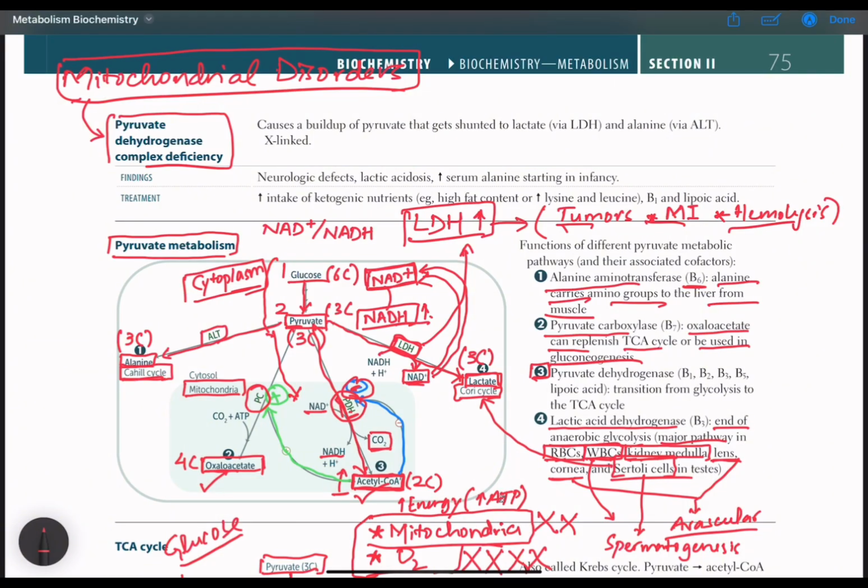In mitochondrial disorders, pyruvate cannot enter the mitochondria or perform the function of different enzymes present within the mitochondria. So one enzyme present within the mitochondria is the pyruvate dehydrogenase complex. So it is deficient. Another disease is pyruvate carboxylase deficiency.